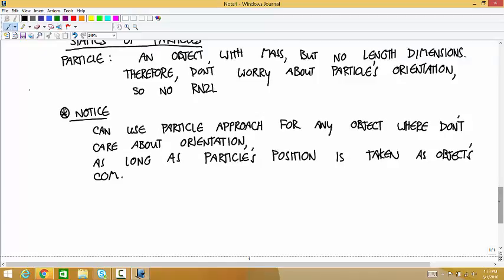And if you think about, like I said, when you're talking about planetary motion, you use particle physics. So what if instead of tracking the motion of the center of mass of some planet, you decided let's do something a little different today. Let's track the motion of this point as the object moves in its orbit.